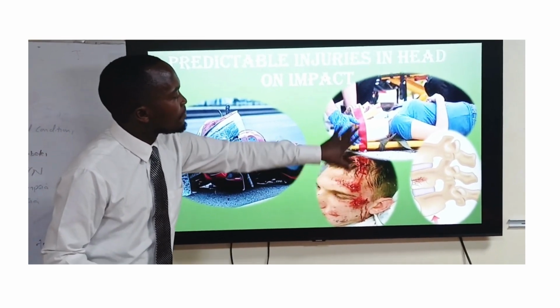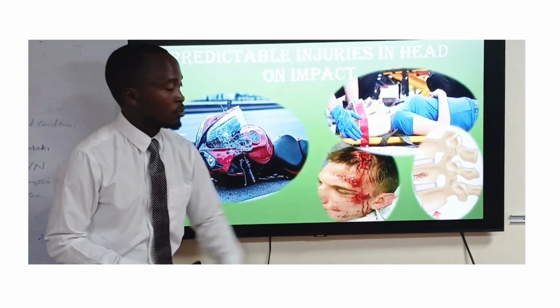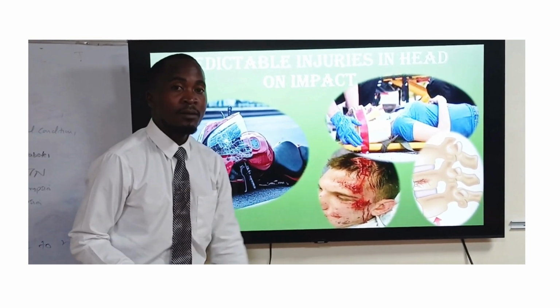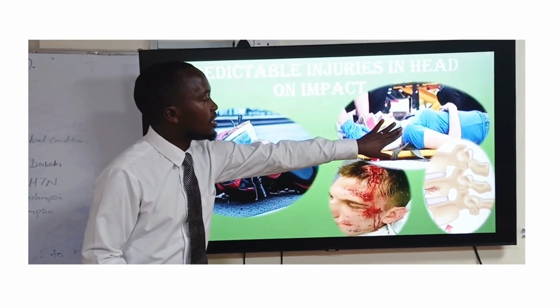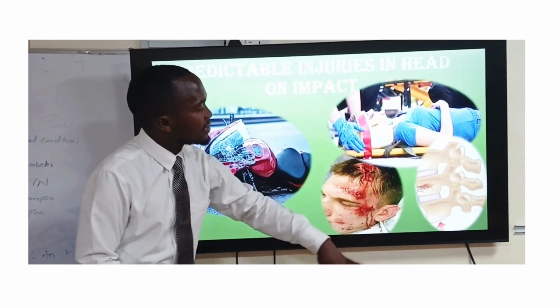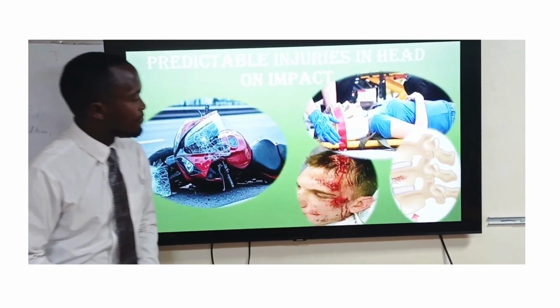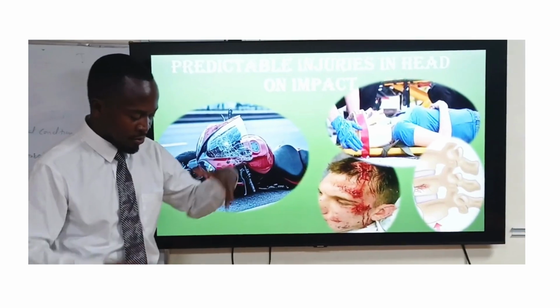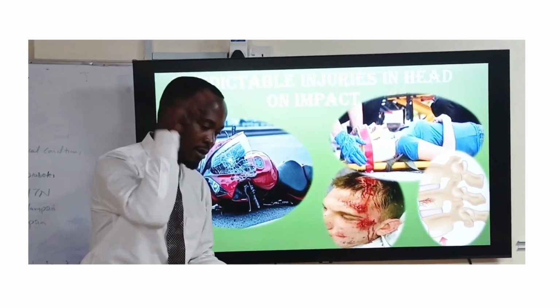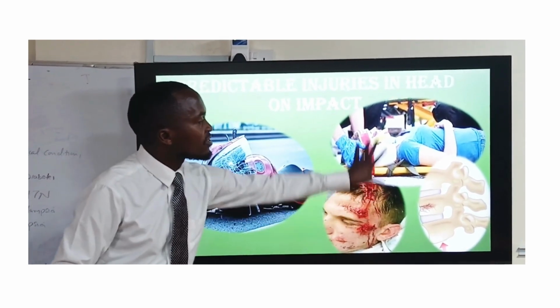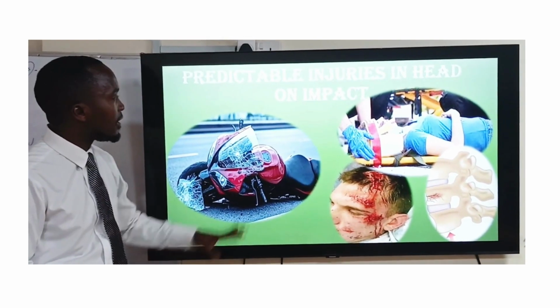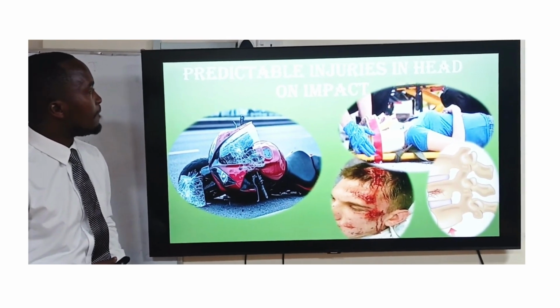Of course, expect spinal injuries, especially of the C-spine, because of flexion and hyperflexion when they land. Apart from that, there is compression of the spine as they're landing, especially when they hit the head first. Remember, the compression force can bring injury to the spine. So those are some of the injuries you expect under the head-on impact.